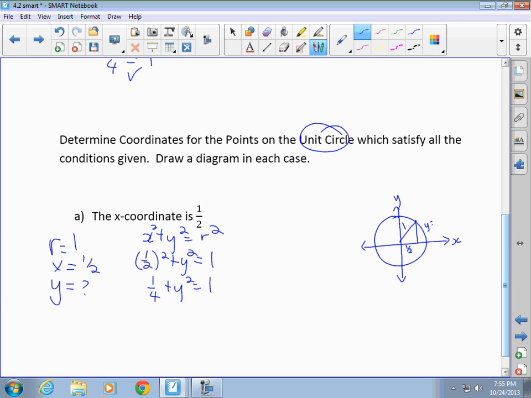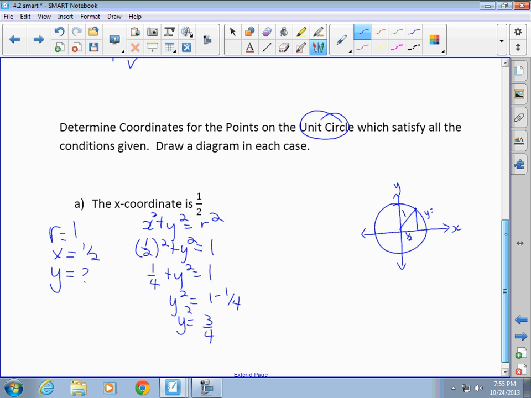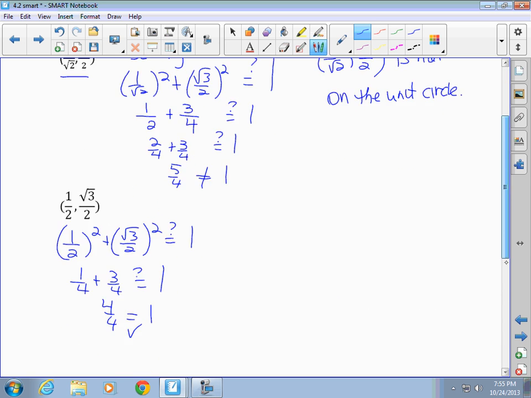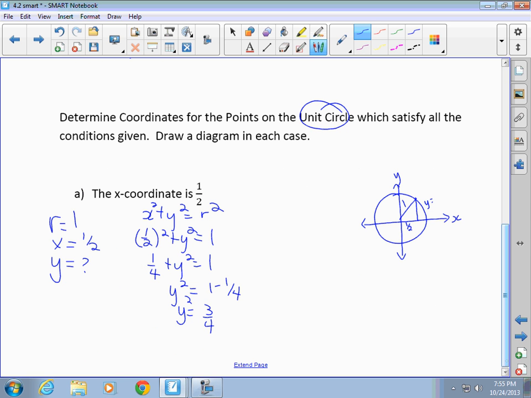Get y by itself, so I have to subtract. So y squared is equal to 3/4. Okay, so if y squared is equal to 3/4, then I square root both sides.